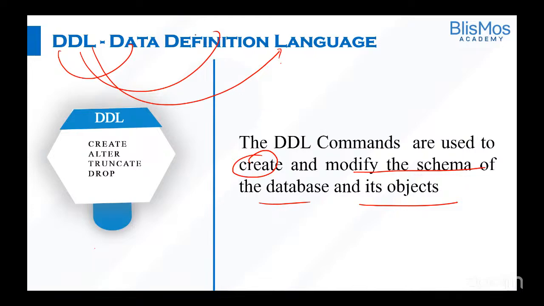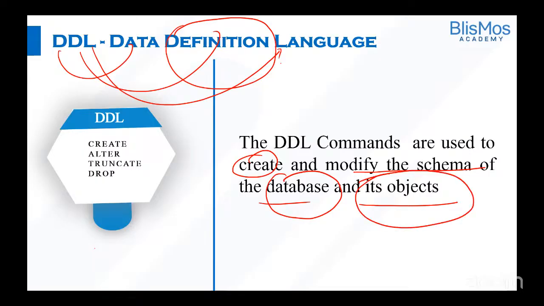We are saying definition, which means we are creating it, we are defining it. They say this is the defining moment of somebody's career, right? Like that, we are defining. So they are the commands used to create or modify the schema of the database itself and its objects.